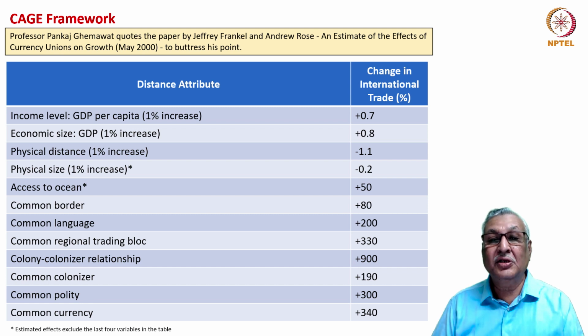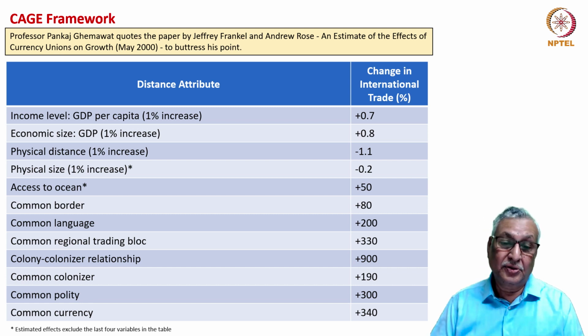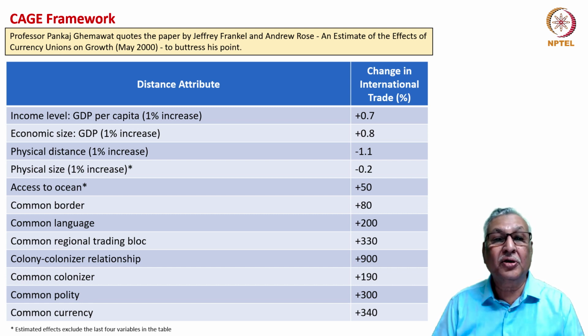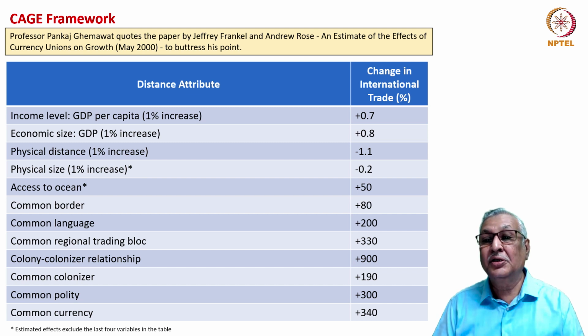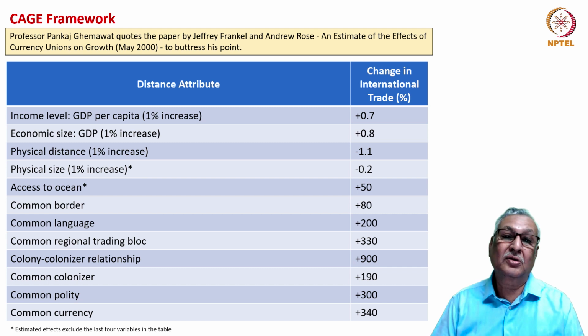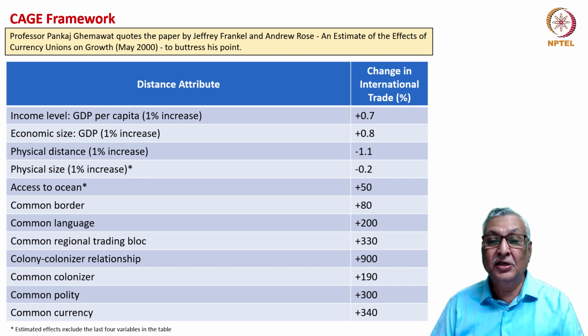The trade between India and the United Kingdom has been of a high order, primarily because India was ruled by the British government for a couple of centuries. East India Company set foot in India and started controlling the economic activities in India.